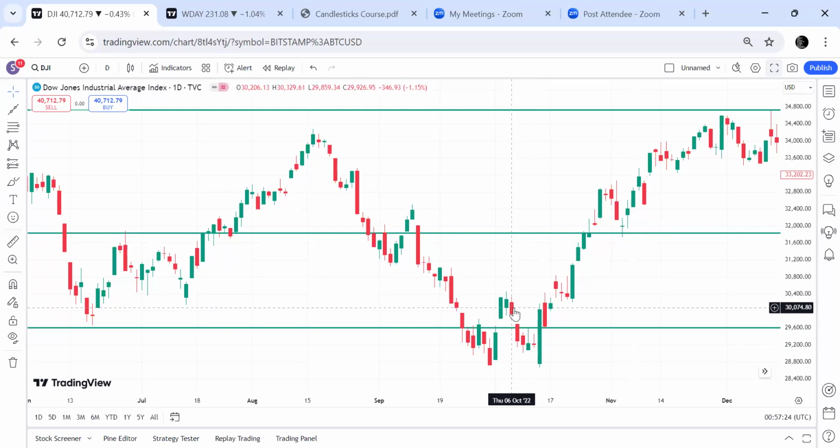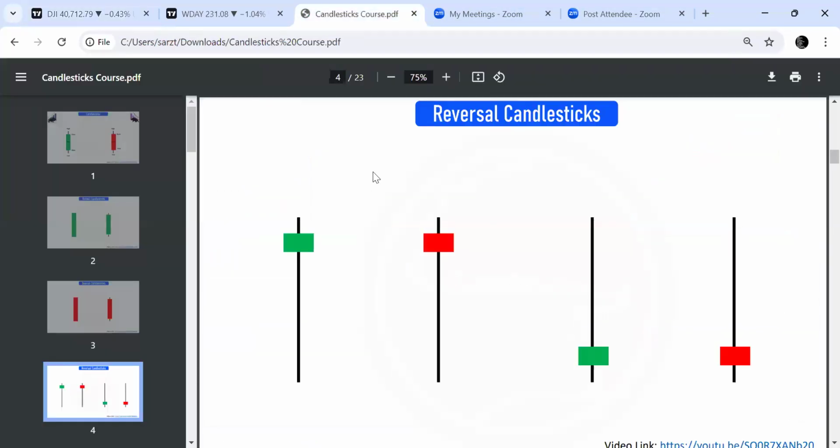So again, there are bullish pin bars and there are bearish pin bars. In bullish pin bars, when the price falls and a hammer forms, then it indicates a potential reversal to the upside.